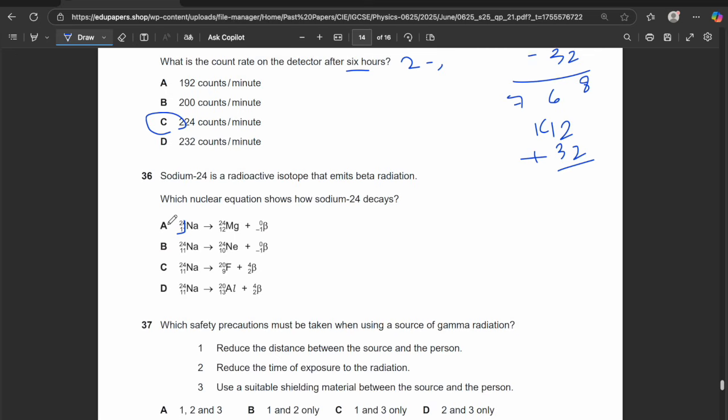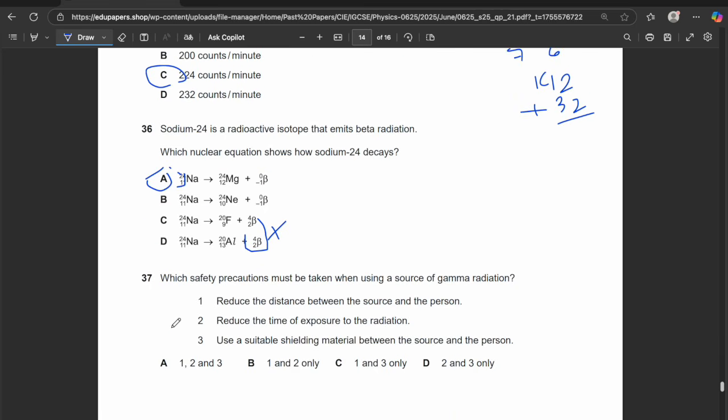So 24 = 0 + 24, 11 = 12 minus 1, so A matches. And C and D, this is like alpha, so it's wrong. And for B, it will be 9, right, in this case, so that is wrong.